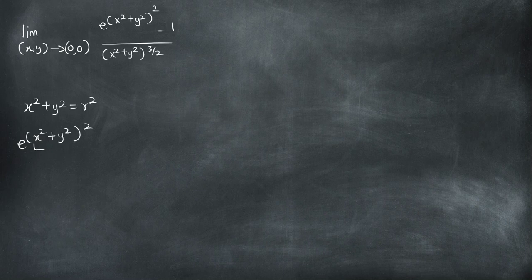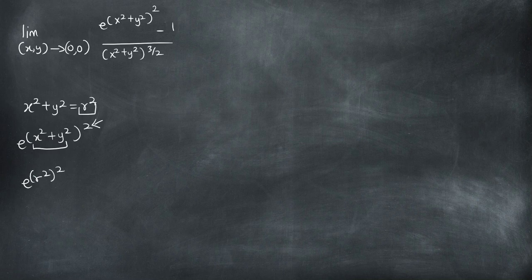But you know that x squared plus y squared is equal to r squared. So now let's do the substitution. I'm going to have e to the power r squared, all squared. So we brought this r squared in place of x squared plus y squared, and then we have the 2 here.